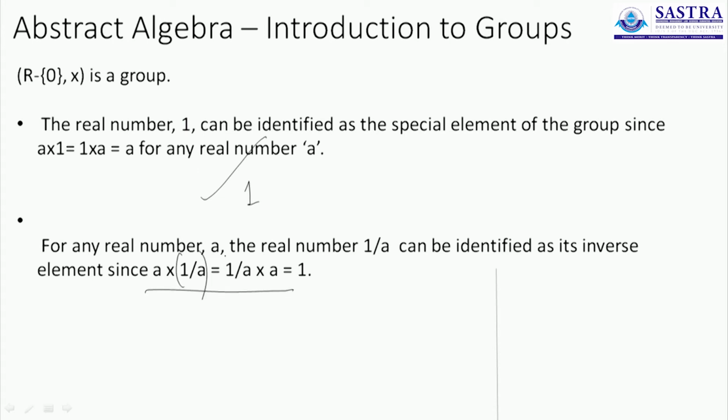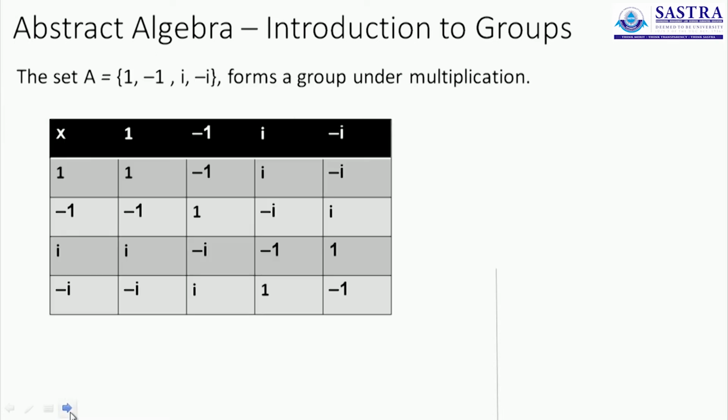A times 1 by A and 1 by A times A will always return the multiplicative identity 1, and therefore we can say for sure that the set of all non-zero real numbers does form a group under the operation of multiplication.